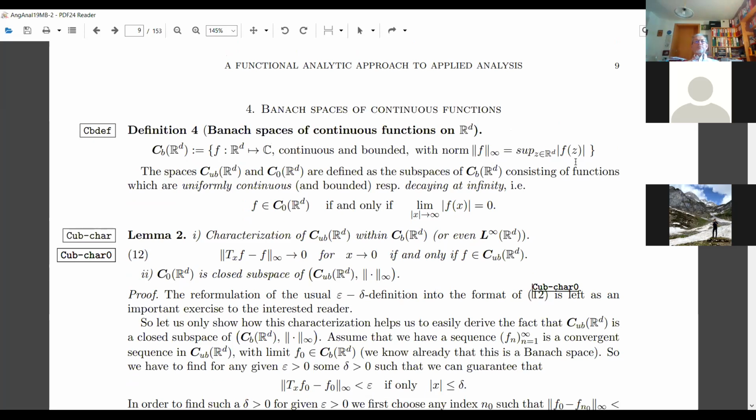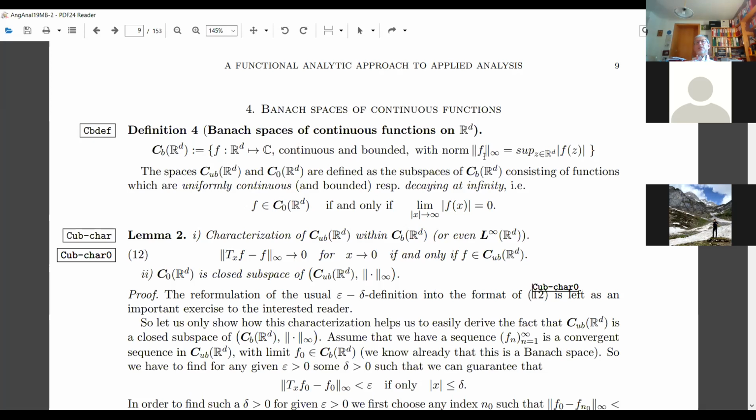And the first statement, which I even didn't write down, is the fact that you have a vector space. So if somebody gives you two bounded continuous functions, the sum of those bounded continuous functions is bounded and it's continuous. And of course the norm satisfies the triangle inequality.